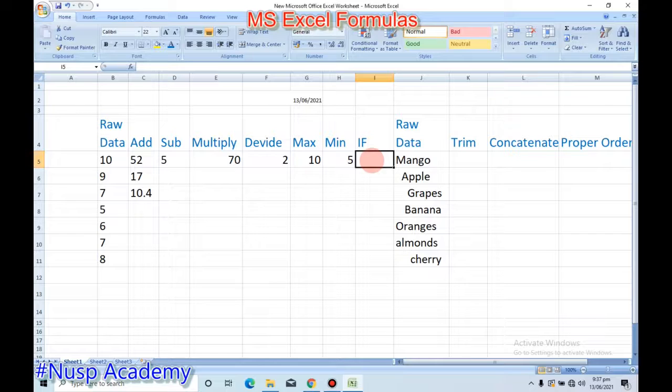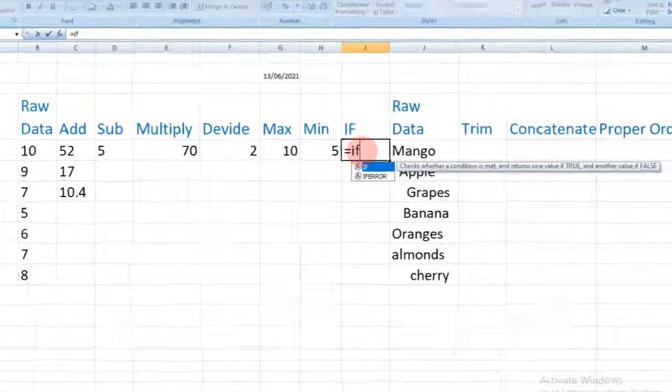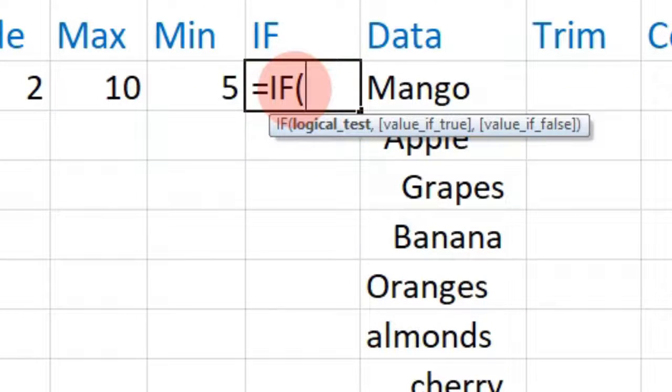If we want to check if the numbers are greater than 6, then write yes here, otherwise write no. So we have the formula equal to the if statement. Now let's select this cell, greater than 6. If the number is greater than 6, then write yes, and if the number is less than 6, then write no.